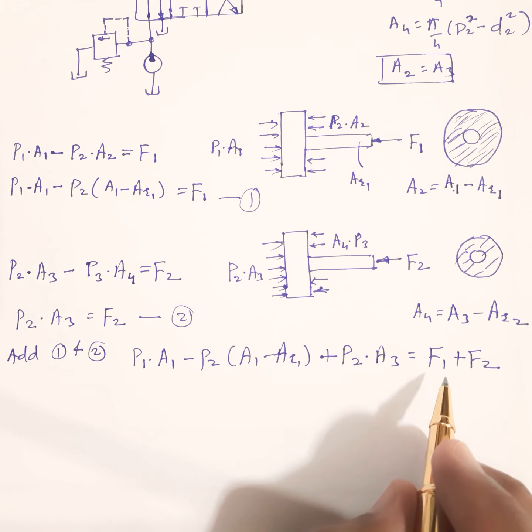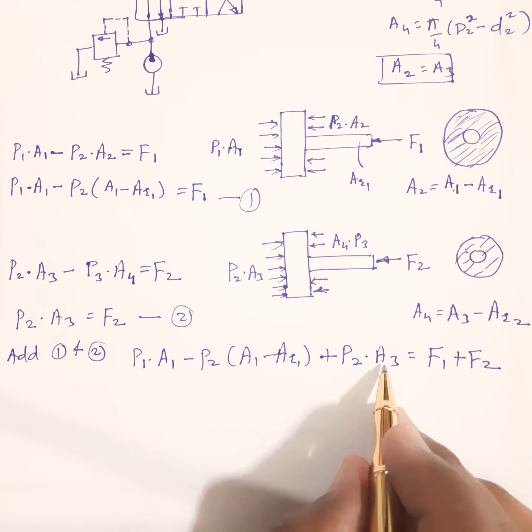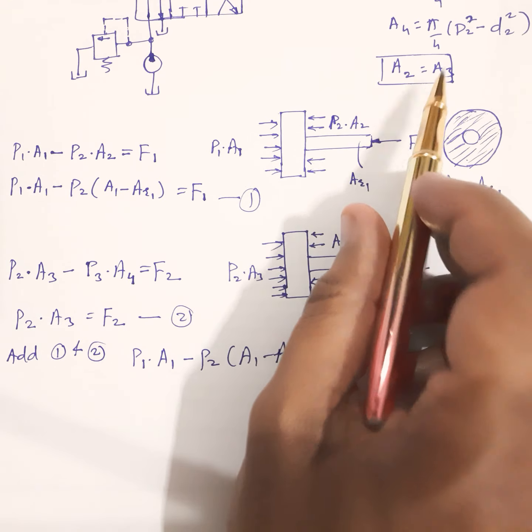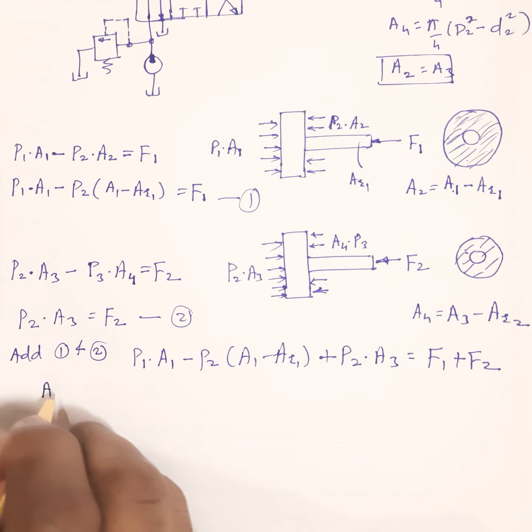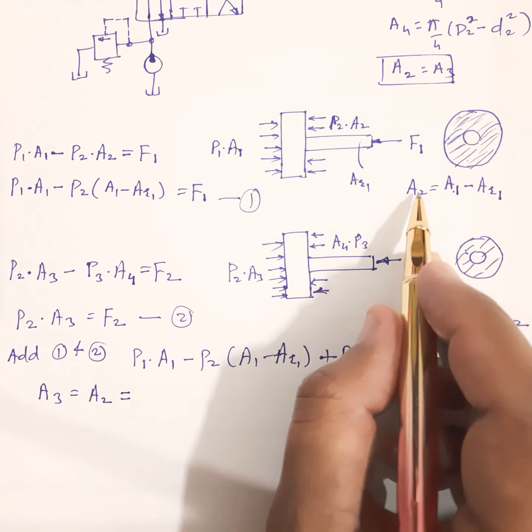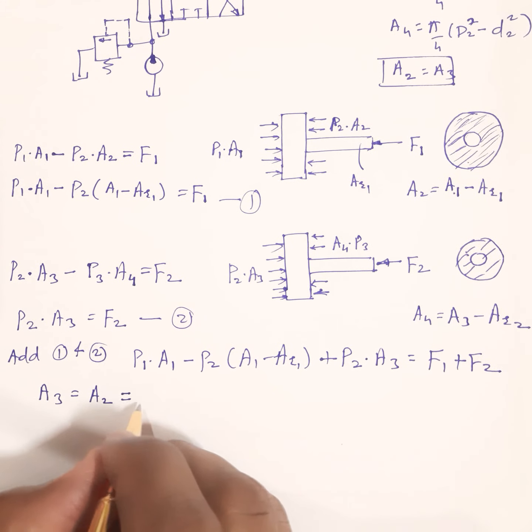Now after this, again we have seen the condition for synchronization: A2 should be equal to A3. So our condition for synchronization is A3 should be equal to A2, and A2 is A1 minus AR1.